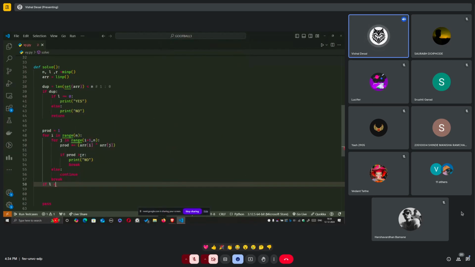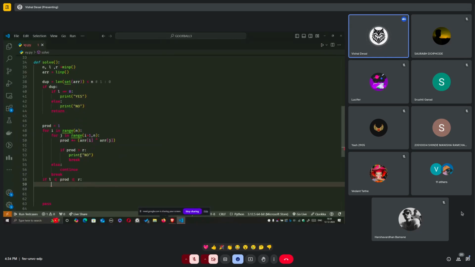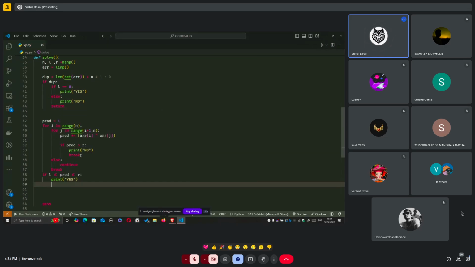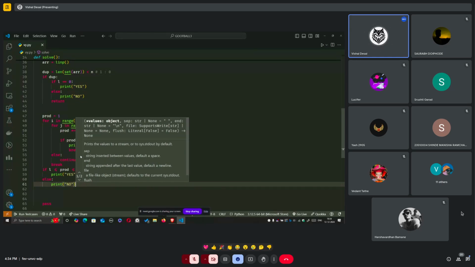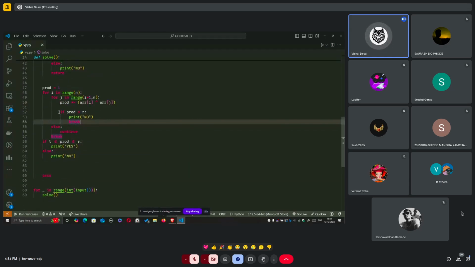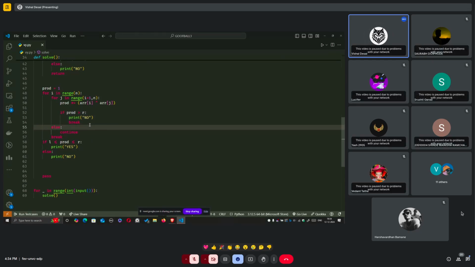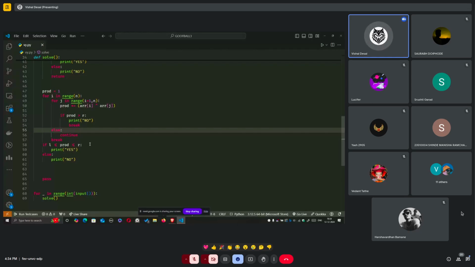If L is less than or equal to product, less than or equal to R. Okay, this was the major case, that if product is greater than R, print no. Okay, did everyone get the implementation?